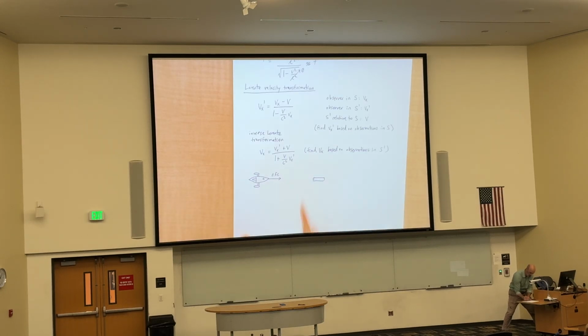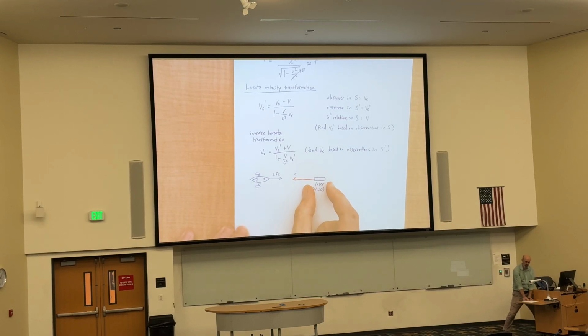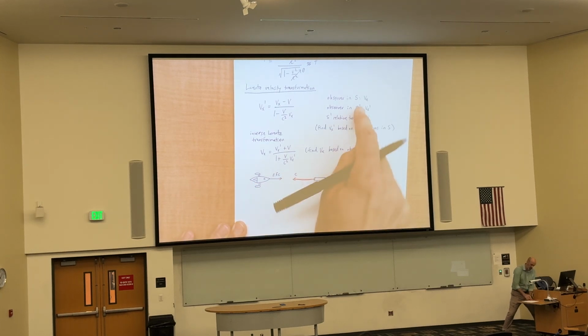And that red laser is firing the laser at c in the frame of reference of the laser. Right? Okay. So there's two reference frames. There's the reference frame of the laser. We're going to call that S. There's the reference frame or the inertial frame of the spaceship. We're going to call that S prime.